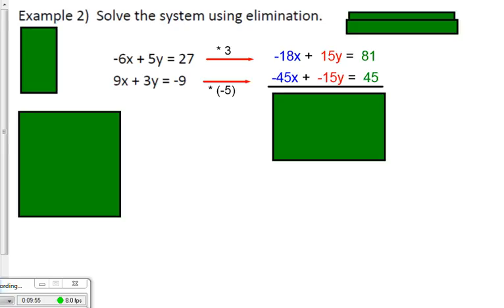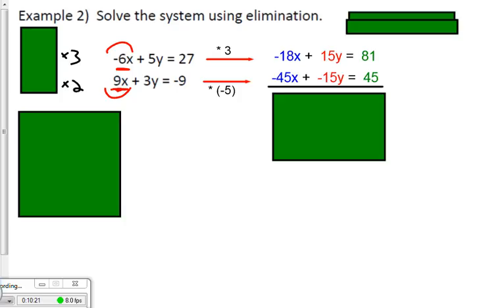Now you might be asking, why didn't we change the x's to be equal? Well, we could have. You could have taken the negative 6x here and tried to get it the same as our 9x down here, in which case you would multiply these by 2 so that we'd get it to 18x, and we multiply everything up here by 3.